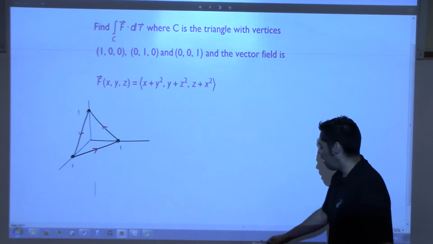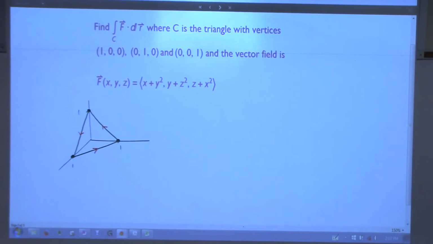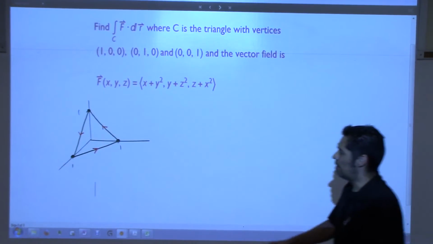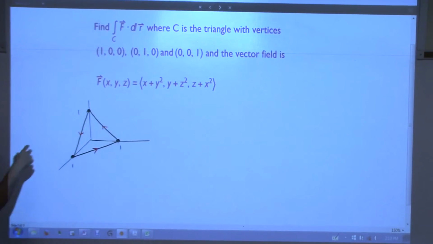Now, if you were not going to use Stokes' theorem, what would you have to do? You split it into 3 separate curves, right? You would call it like C1, C2, C3. You would have to find parameterizations for each of those curves, which are line segments, right?